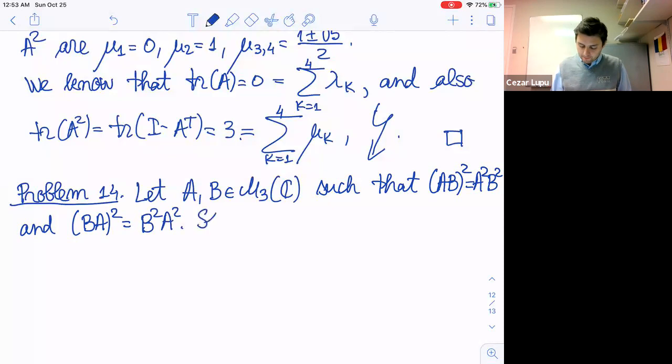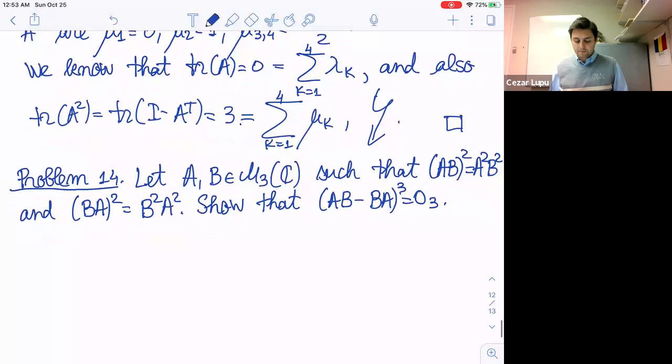Show that (AB minus BA) cubed is O3. This is a classical problem, I think. I remember seeing this a long time ago.